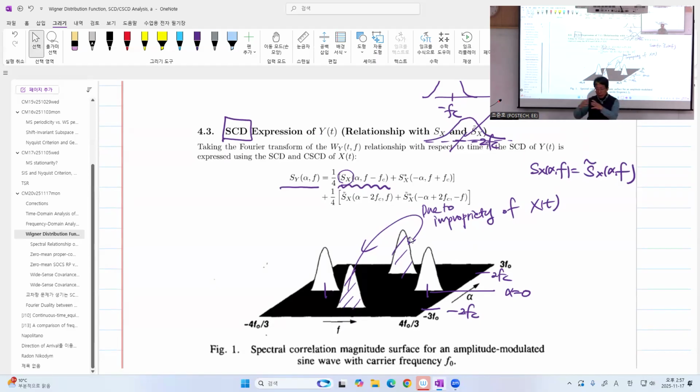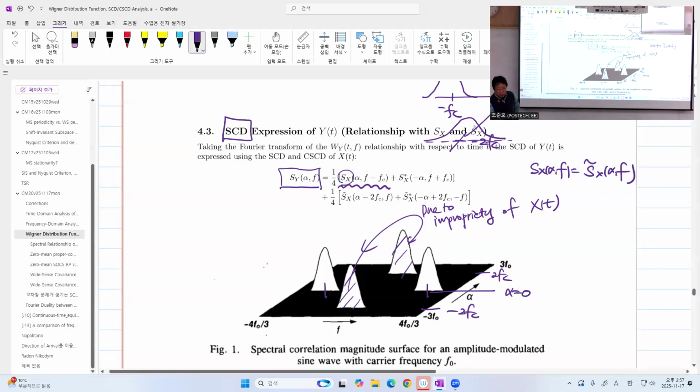For example, I've generated a BPSK random process in baseband and up-converted it with some Fc, which I do not tell you. But suppose I've given you the SCD. Then from this information, you can find the carrier frequency, the center frequency. Ready?